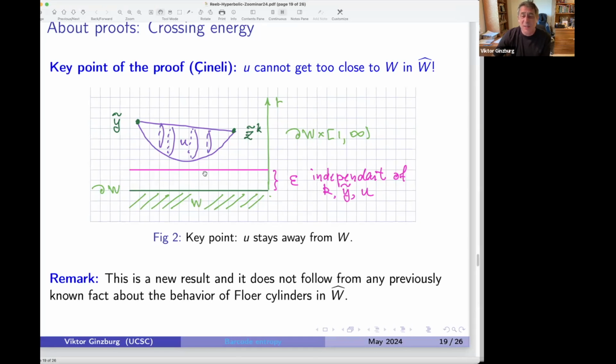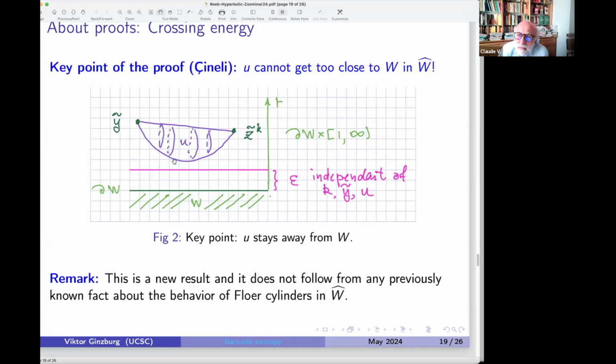And the proof actually breaks down. So the key result here, which makes it work, is a theorem of Cineli that when the energy is small, the Floer trajectory is bounded away from the Liouville domain. It never gets close to it, and this bound depends only on the Hamiltonian and the energy.